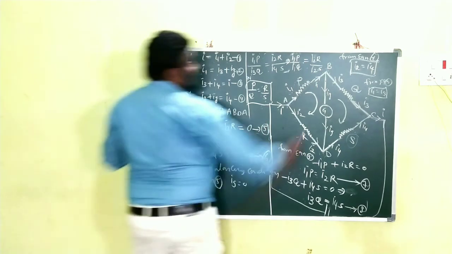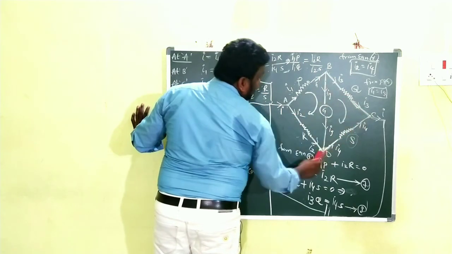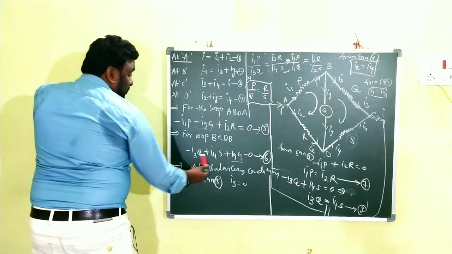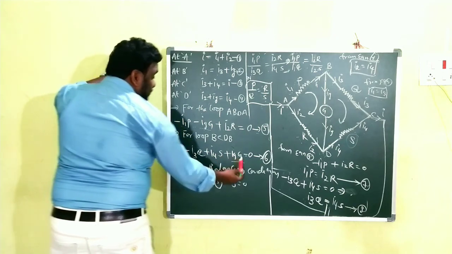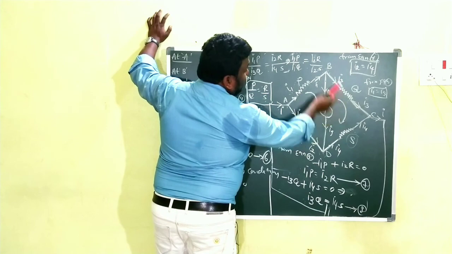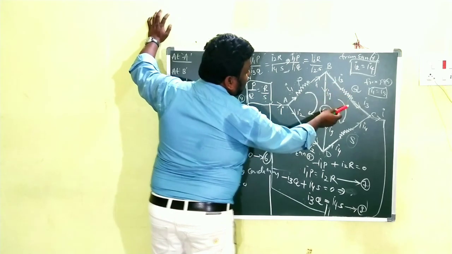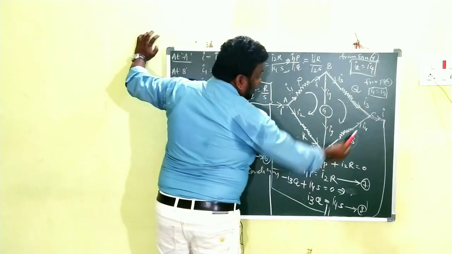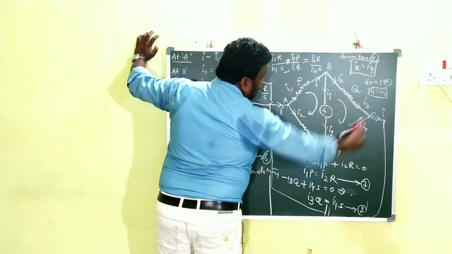Similarly, we apply the second law to the loop B, C, D, B. Then what we get? We are adding minus I3Q plus I4S plus I_G into G is equal to 0. At this point, the potential is I3 into Q, and we are in the direction of current, that's why we write minus I3Q. At this resistor, the current is I4, moving in opposite direction to us.